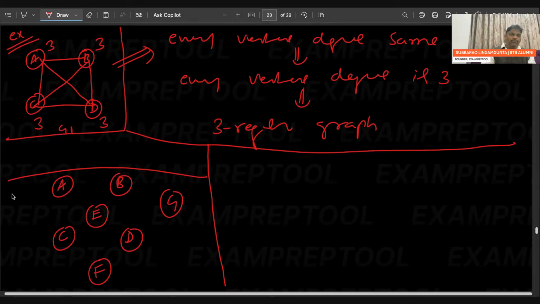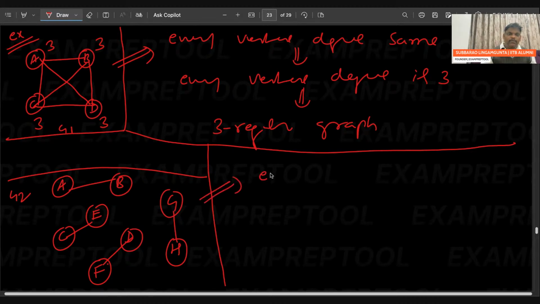It may be the G2 graph. Now understand in G2. If you see the second graph, every vertex has degree 1. So every vertex degree is the same.